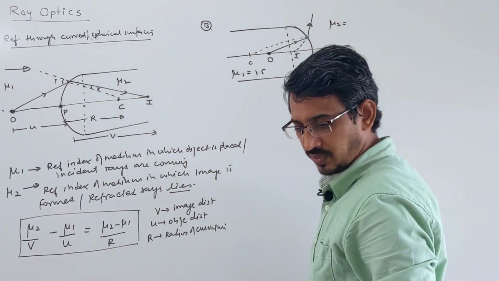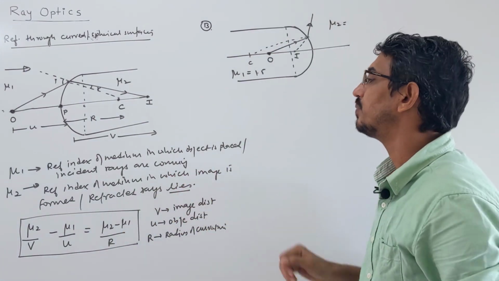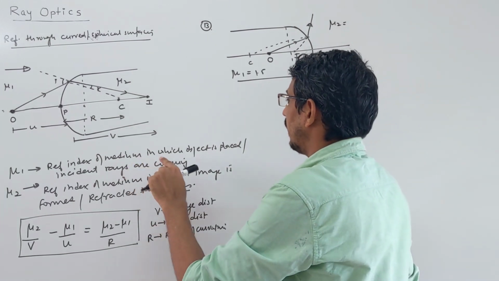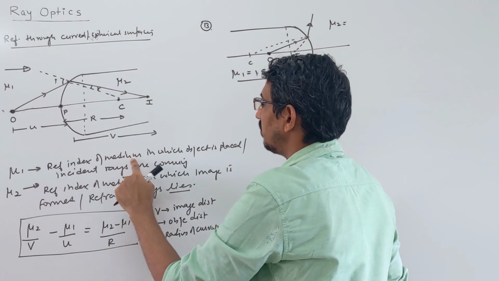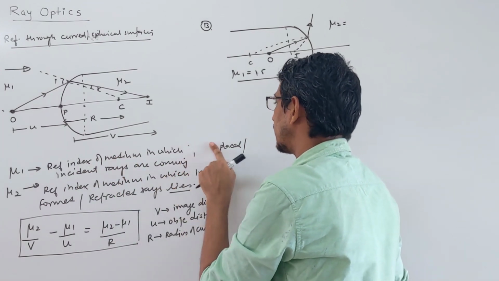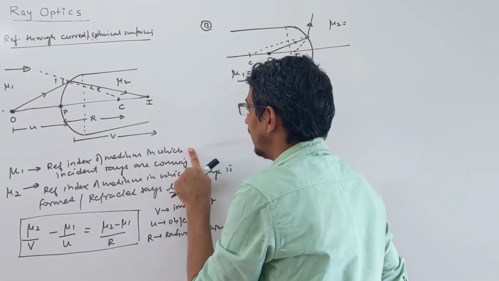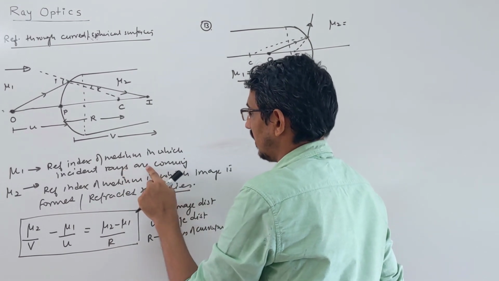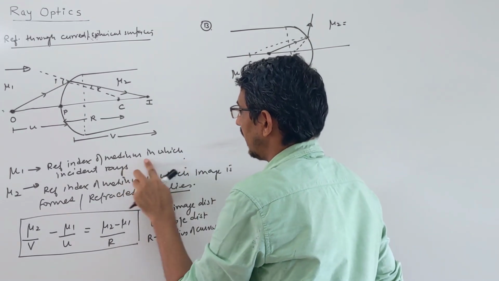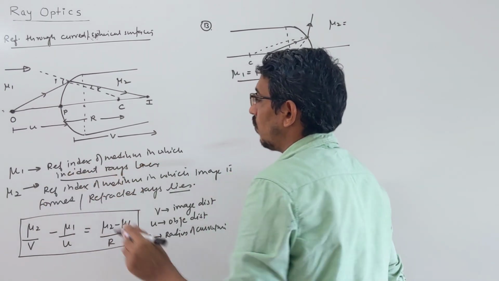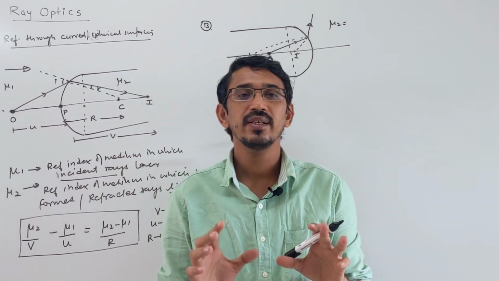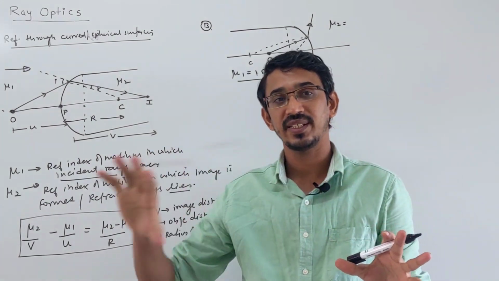Actually I should do a small correction here. You should not say it this way. What is mu1? Refractive index of the medium in which the object is placed. You don't write it like that; say the medium in which the incident rays lie, right now. Mu1 is the medium in which incident rays are there, okay.